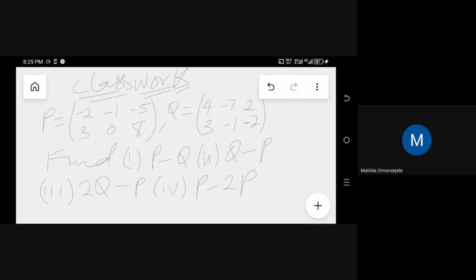Please, you just pick the question so I can mark the attendance while we're at it. I have to disconnect the board so that I can mark your attendance quickly.